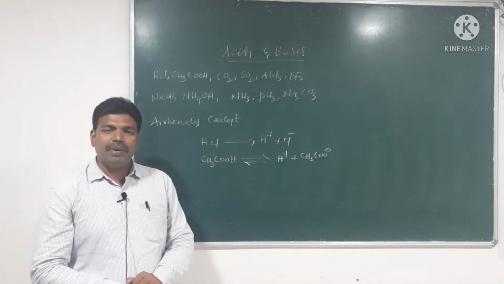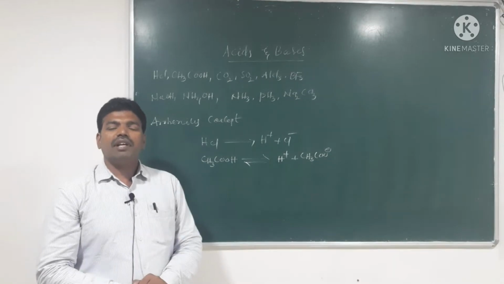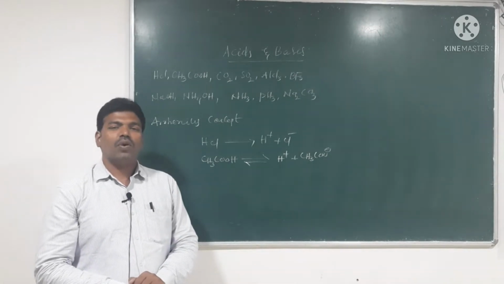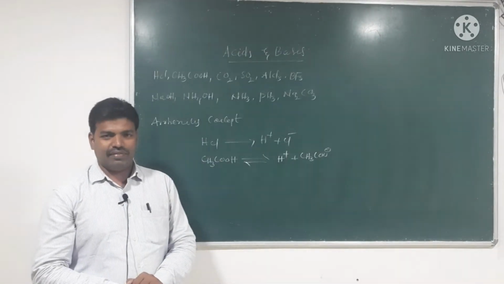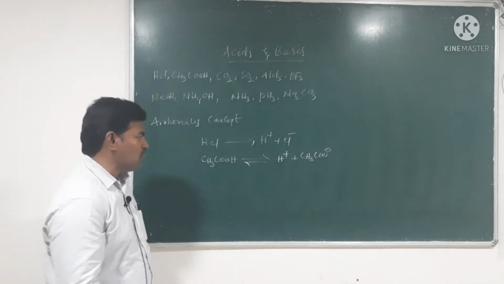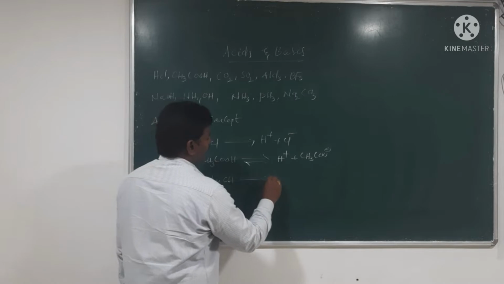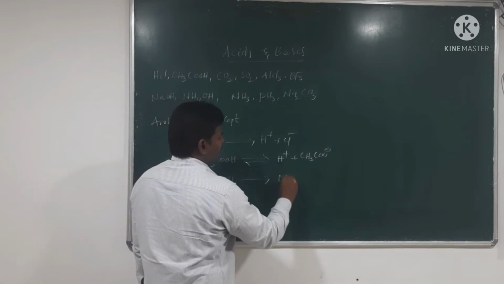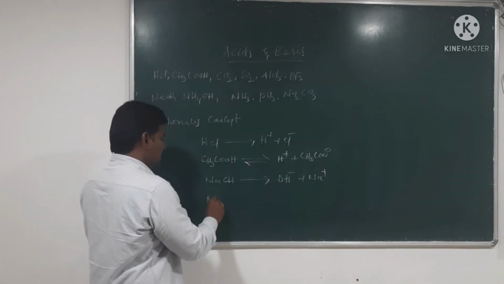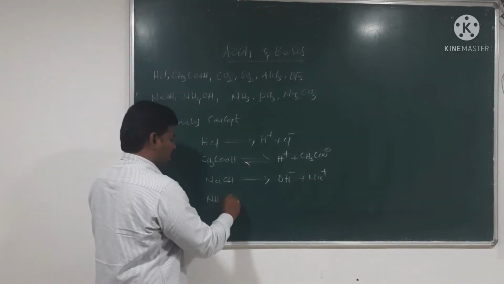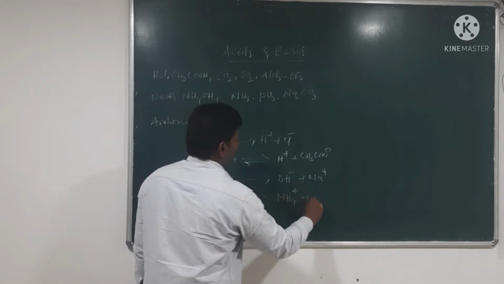And an Arrhenius base is a chemical compound or a chemical substance which furnishes OH minus ions in aqueous solution. For example, sodium hydroxide, NaOH, which can furnish OH minus ions and Na plus ions, and NH4OH, ammonium hydroxide, which can furnish NH4 plus ions and OH minus ions.